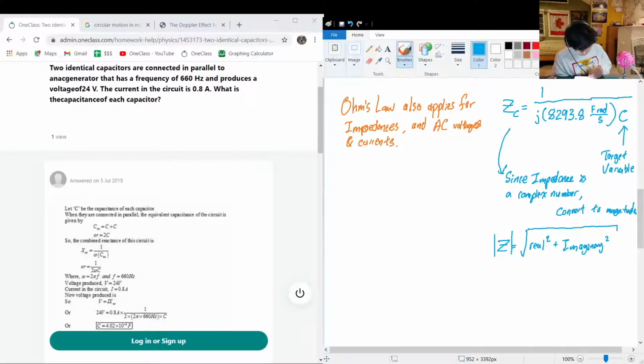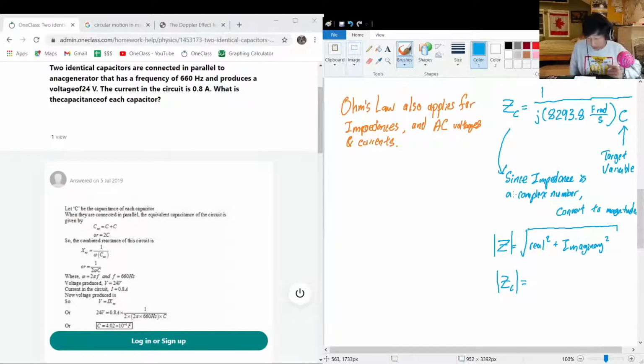So for us, the magnitude of Z_C is just going to be the same, but the j is going to disappear, because j is equal to the square root of -1. Honestly, just avoid using j inside of your magnitude calculations.